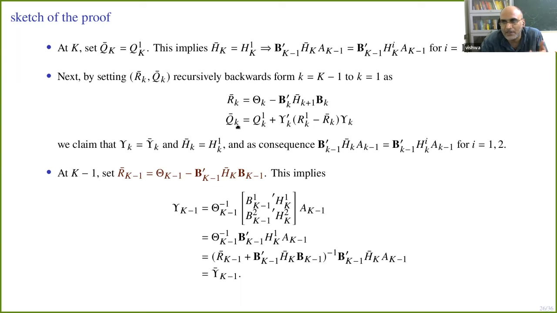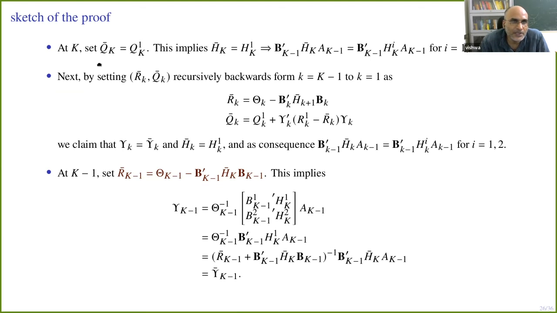So this is how the optimal control problem is constructed. Our claim is that the feedback Nash equilibrium at stage K is exactly the same as the optimal solution at stage K of the optimal control problem we have constructed so far.